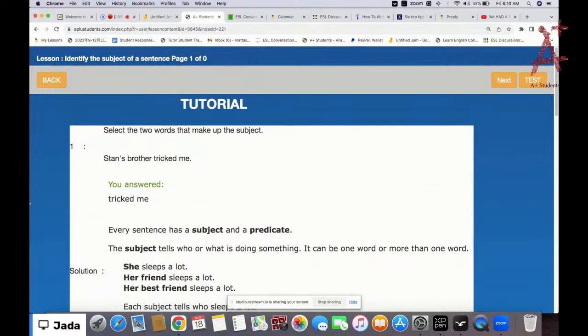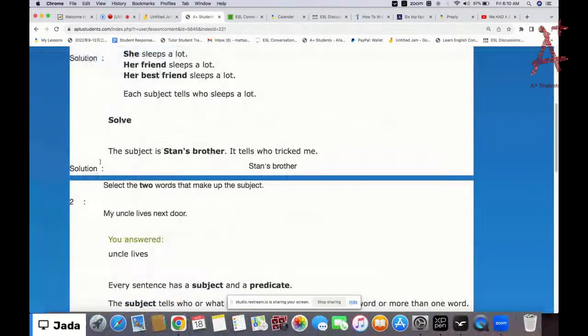The person doing the action, who is tricking someone, is Stan's brother. So Stan's brother is the subject. It tells who tricked someone. All right.